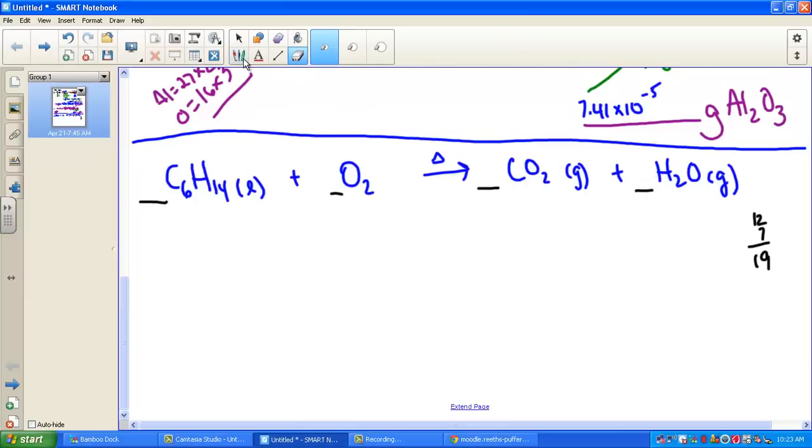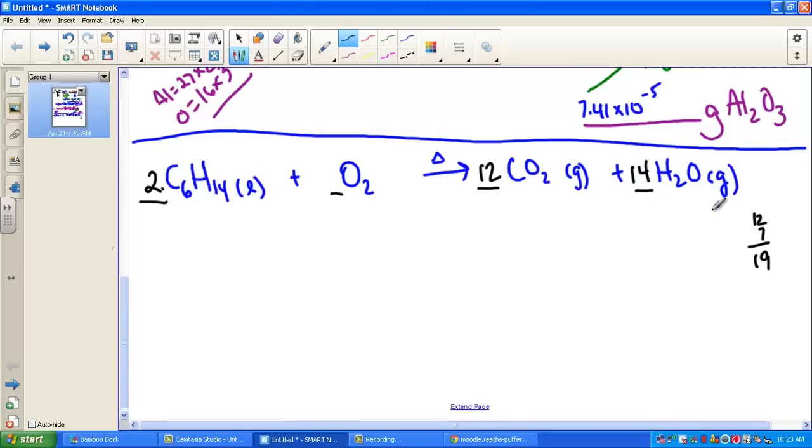No worries. Trick there: since a 1 didn't work here, let's just double that fuel. Let's double the amount of C6H14. Still working C's, H's, and O's. There are 12 carbons now on the left. 14 times 2 is 28, so I'll need a 14 in front of the water.